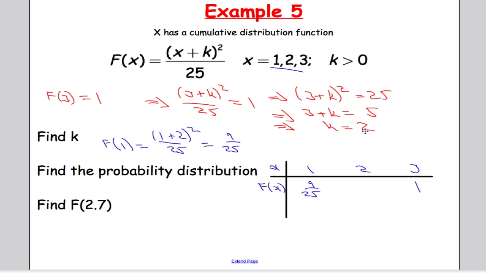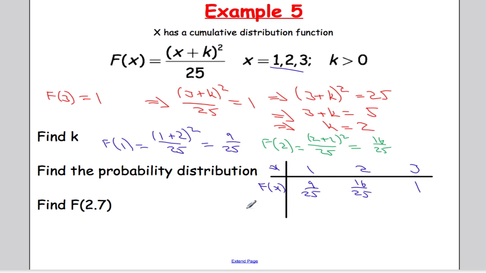We can work out f of 2. So putting 2 in, we get 2 plus 2. Let's do this in green. F of 2 equals 2 plus 2, which is 4, all squared over 25. So that's 4 squared over 25, which is 16 over 25. So I know that this part is 16 over 25.